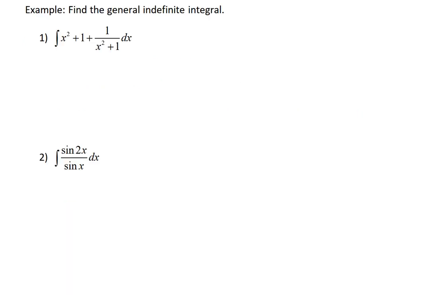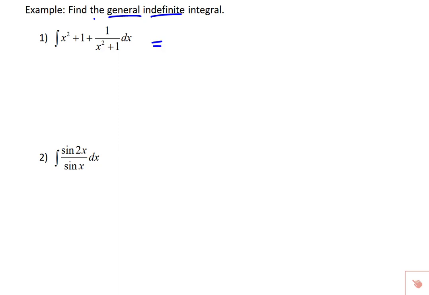Let's try some examples where we want to find the general indefinite integral. Our first example reads, the integral of x squared plus 1 plus 1 over x squared plus 1, dx. Notice there are no bounds given for this integral, so that makes it an indefinite integral, in which case all we're really trying to do is find the antiderivative of the integrand.